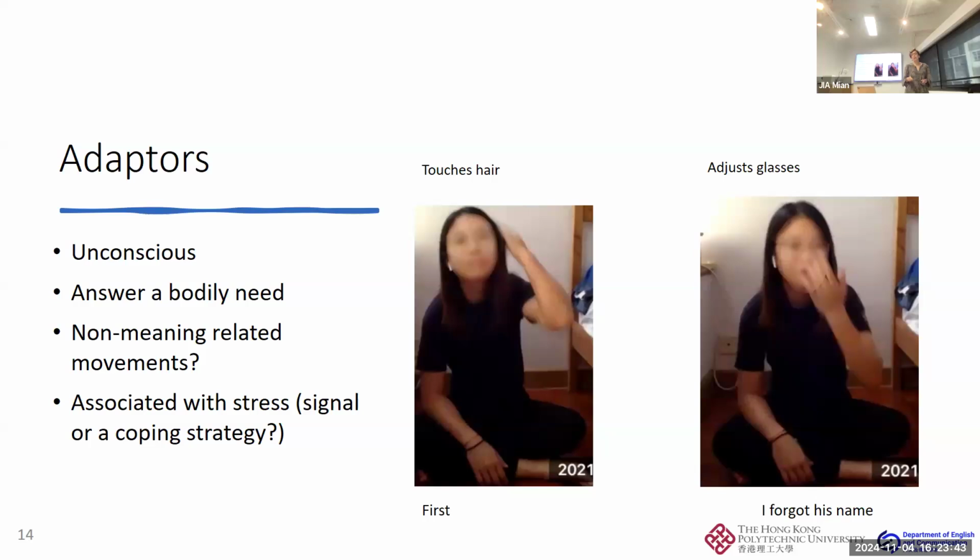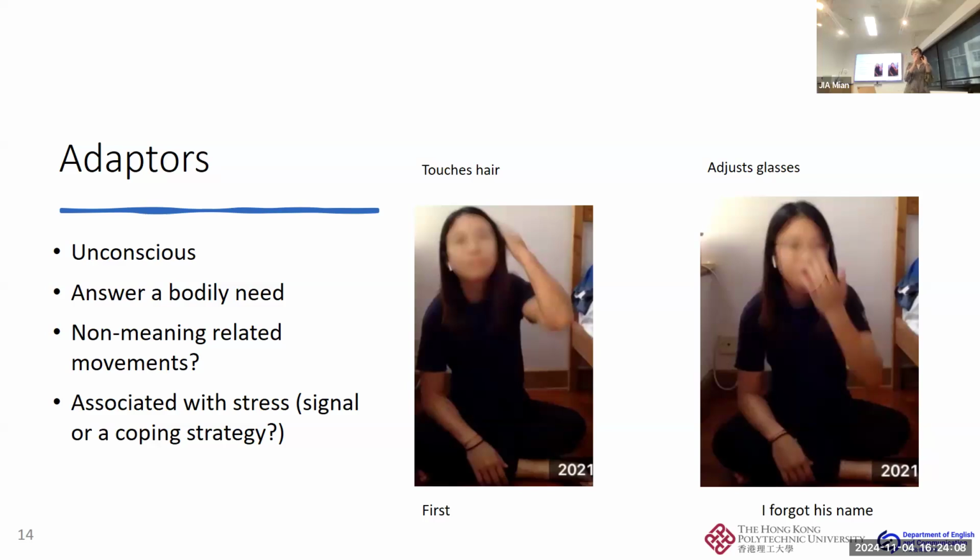And then the other thing is, you notice how when she pushes her glasses up, she is actually saying, "Oh, I forget his name." So there's the cognitive disfluency at this particular point, and we again see this type of adapter with this type of cognitive disfluency. So they're still talking, they're still communicating, but there's obviously some sort of breakdown.